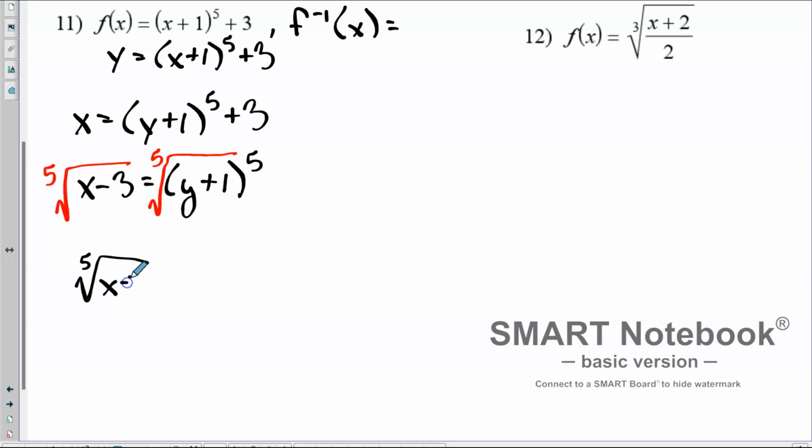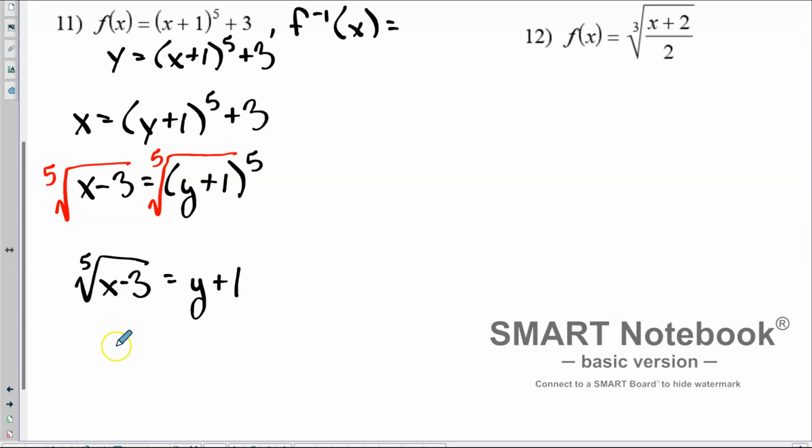Now this might look a little intense, but all you have to worry about is the index. If this was a 4, an exponent of 4, then a 4th root would cancel it. Real simple, very powerful, very simple. So here it cancels and we're left with y plus 1.